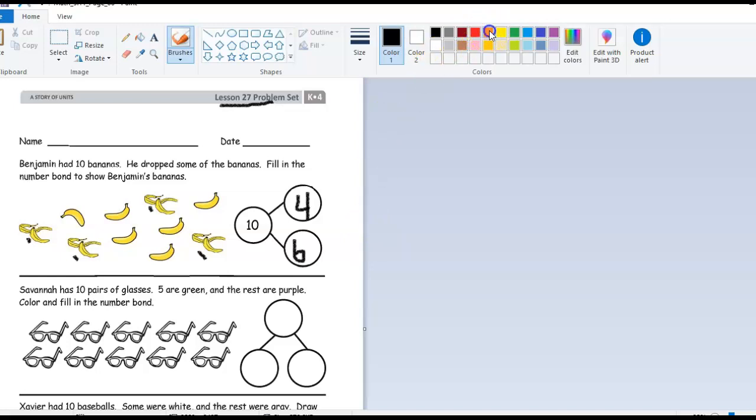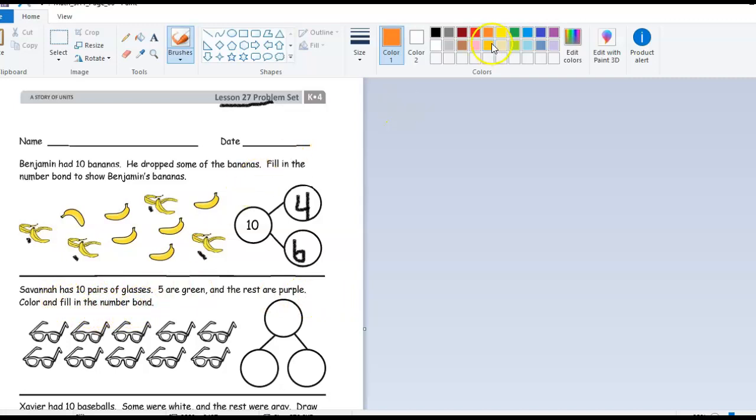Let's change our color to orange and move on to problem number 2. Savannah had 10 pairs of glasses. How many pairs of glasses? Yes, she had 10 pairs of glasses. 5 are green and the rest are purple. Color and fill in the number bond.